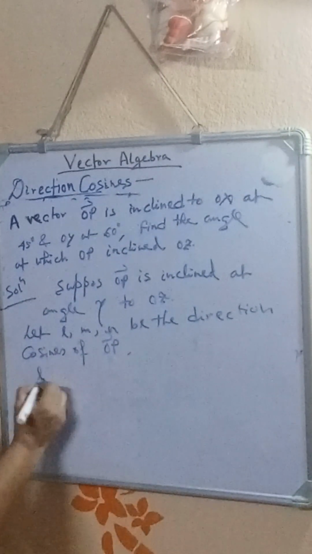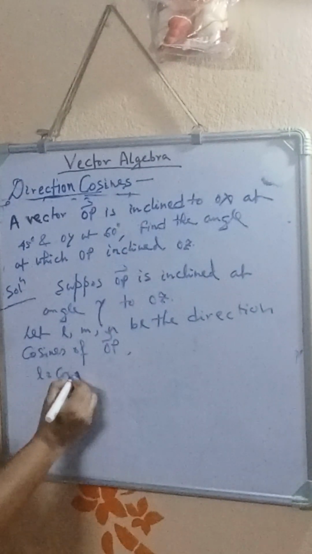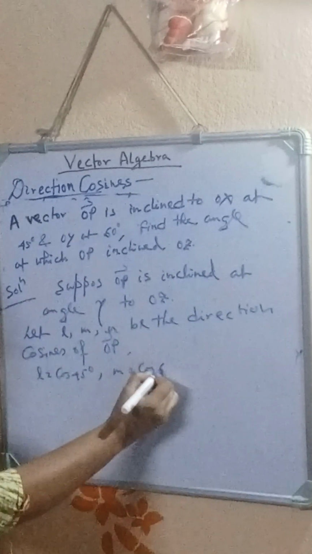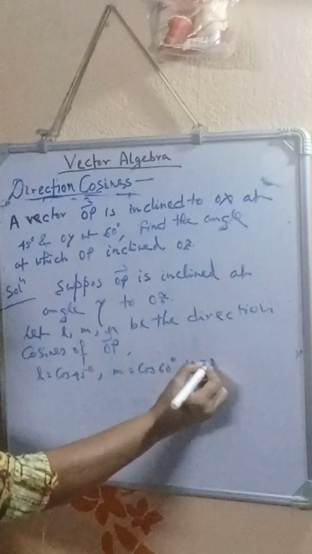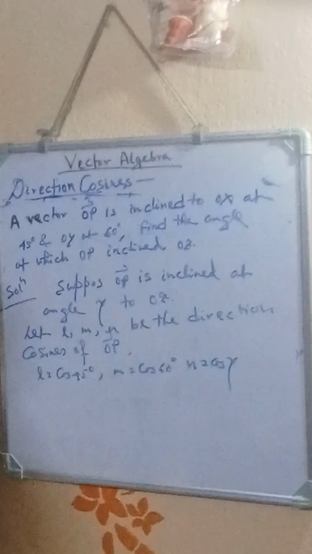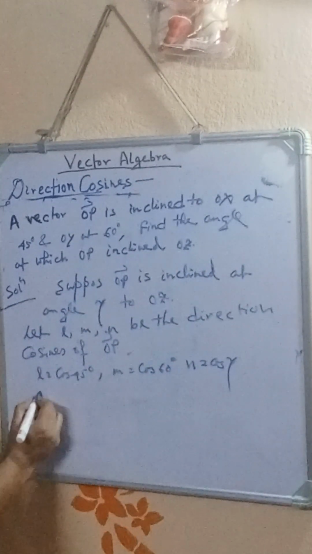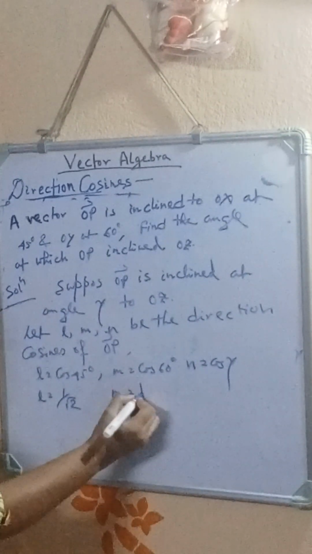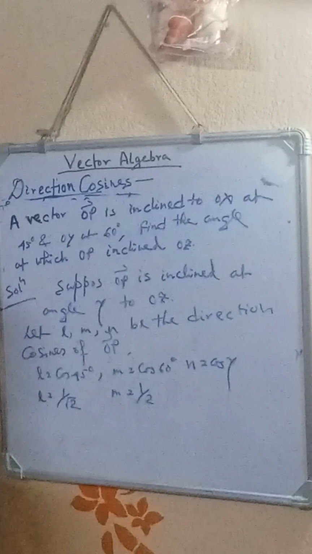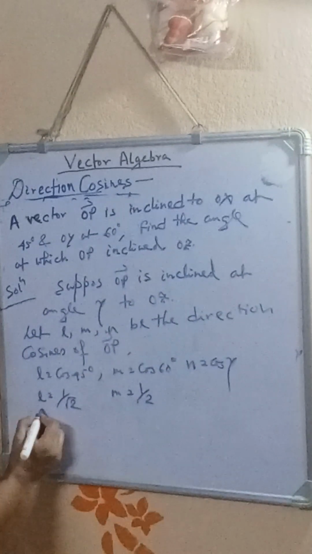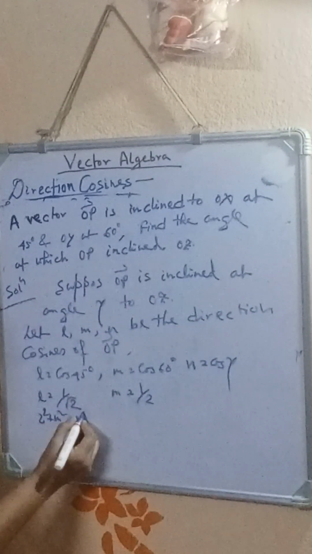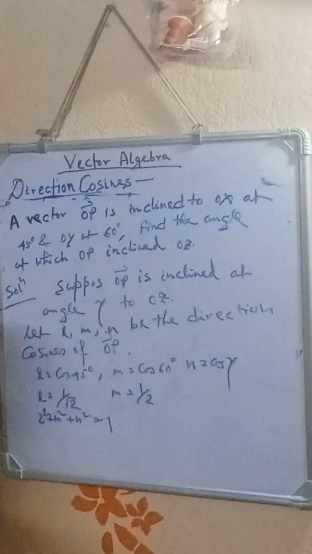Then l equal to cos 45 degree, m equal to cos 60 degree, n equal to cos gamma. Therefore, l equal to 1 by root 2, m equal to half. Now, according to the theorem, l square plus m square plus n square equals 1.